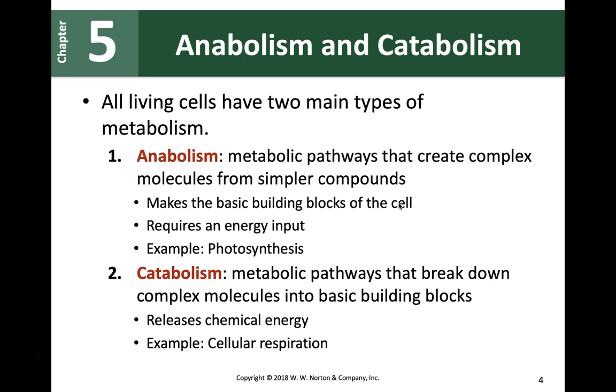For instance, photosynthesis is an anabolic reaction. So for example, guys, if you take carbon dioxide, which is CO2, and then you change it into a glucose molecule, which is a big 6 carbon molecule, you see you have changed a single carbon into a molecule which has 6 carbons. This is an anabolic reaction, anabolism.